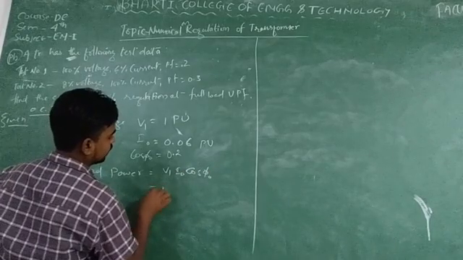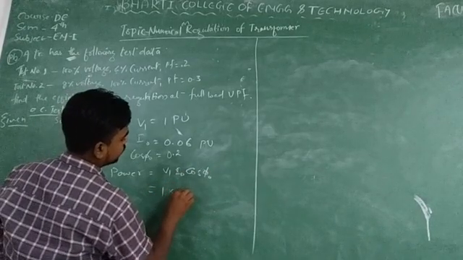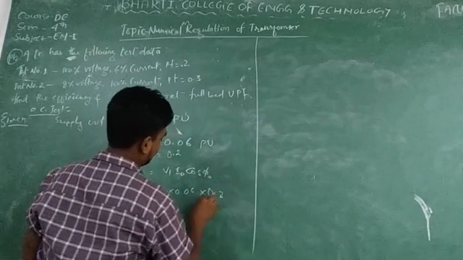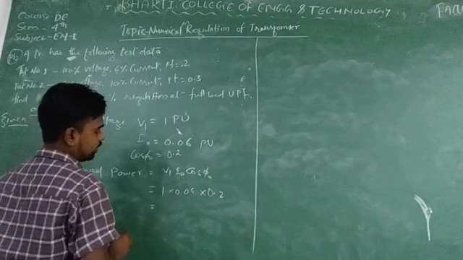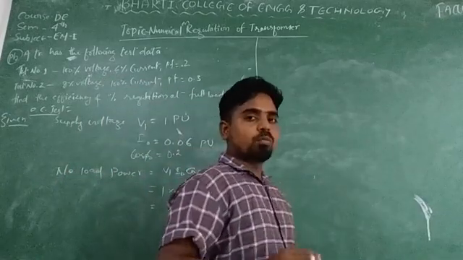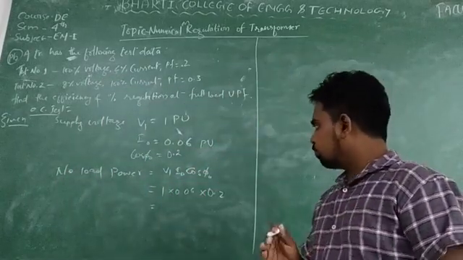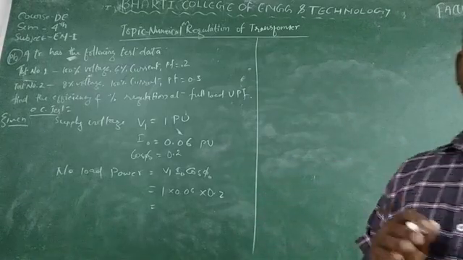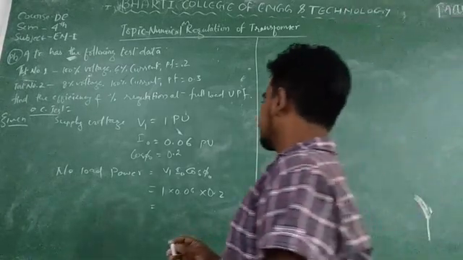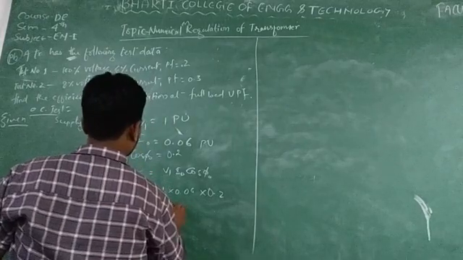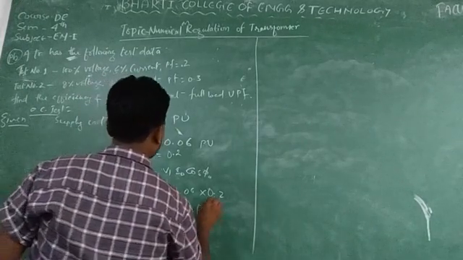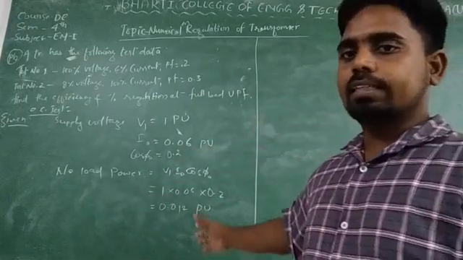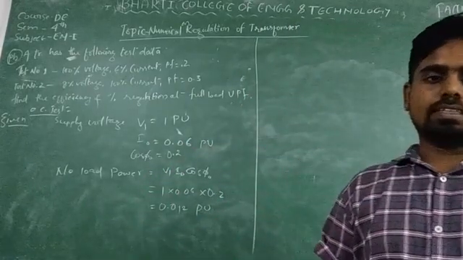V1 is 1, I0 is 0.06, and cos phi naught is 0.2. So we are getting the power as 0.012 per unit. It is the no load test data which we are getting in this case.